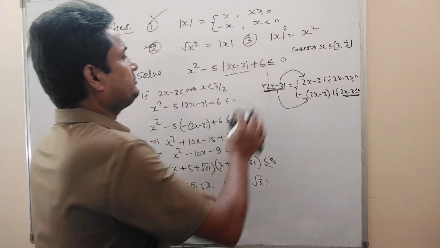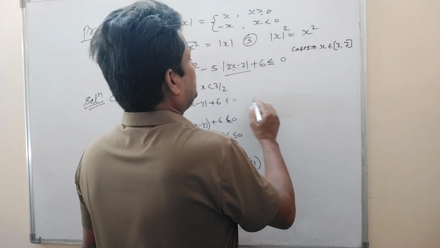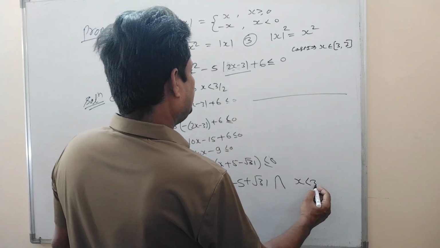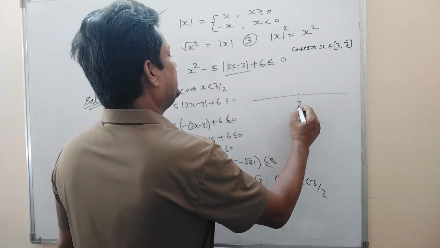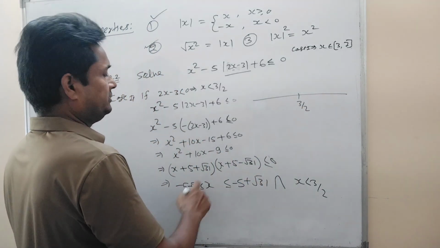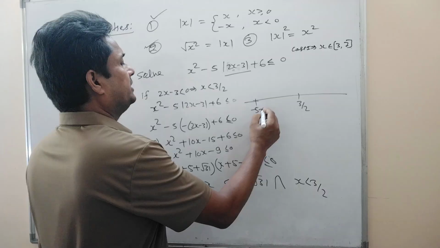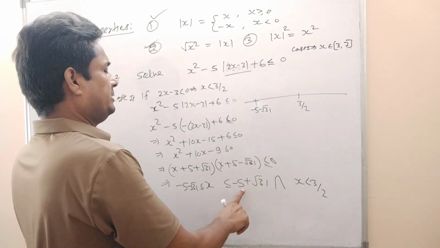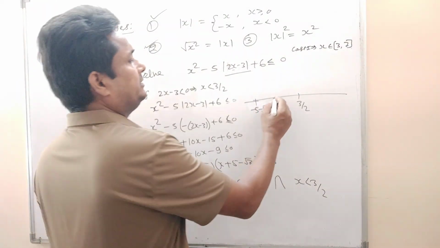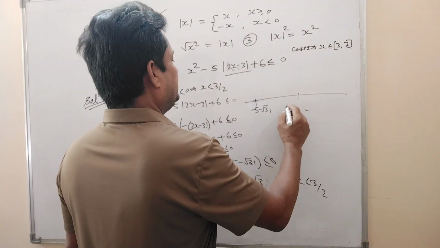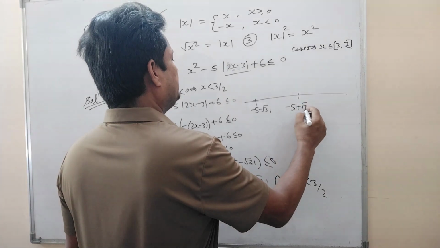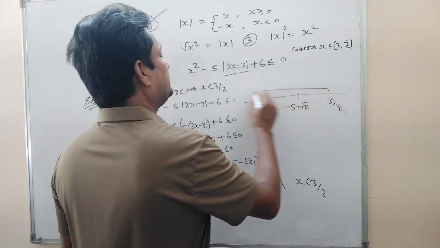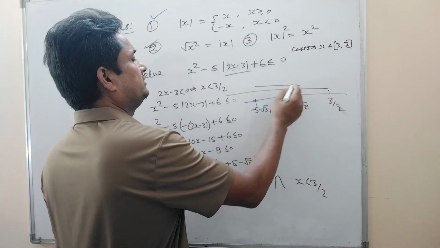Let's see. First, we have to take the intersection with x less than 3 by 2. Let's say here minus 5 minus root 31, and minus 5 plus root 31 lie in this interval, and here it will be 3 by 2. The first answer is this one, the second answer is this one.